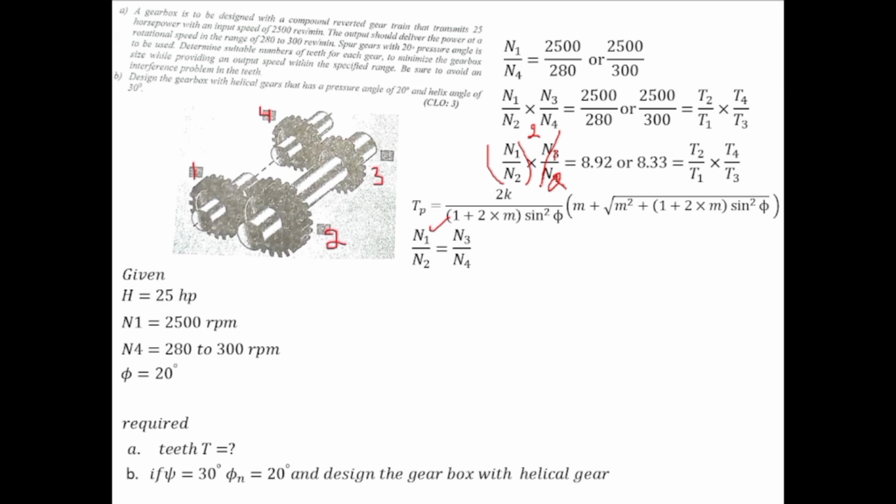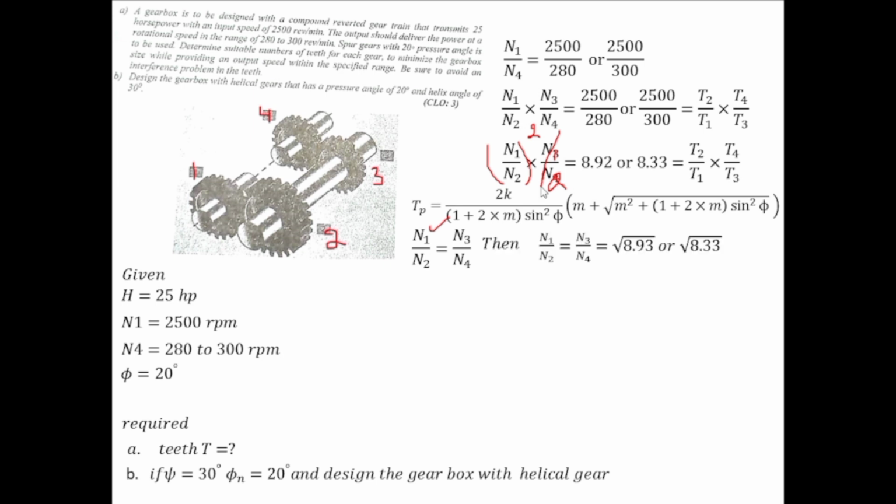This will be crossed. So n1 divided by n2 whole square will be equal to 8.92 or 8.33. Similarly, if we put n3 divided by n4 instead of n1 divided by n2, we will get n3 divided by n4 whole square is equal to 8.92 or 8.33. And to find out the value of n1 divided by n2 or n3 divided by n4, we will have to take the square root on both sides.